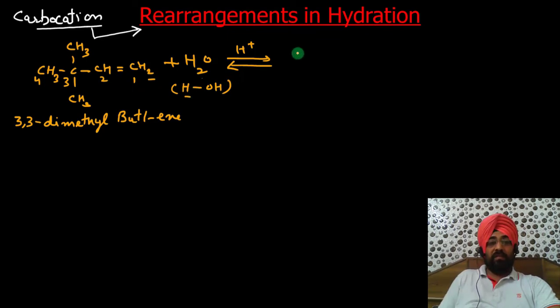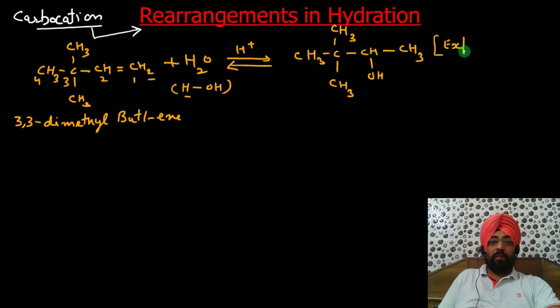So the product will be CH3 C CH3 CH3 CHOH CH3. So this is the expected product. This product should be the major product when we do the hydration of this alkene.